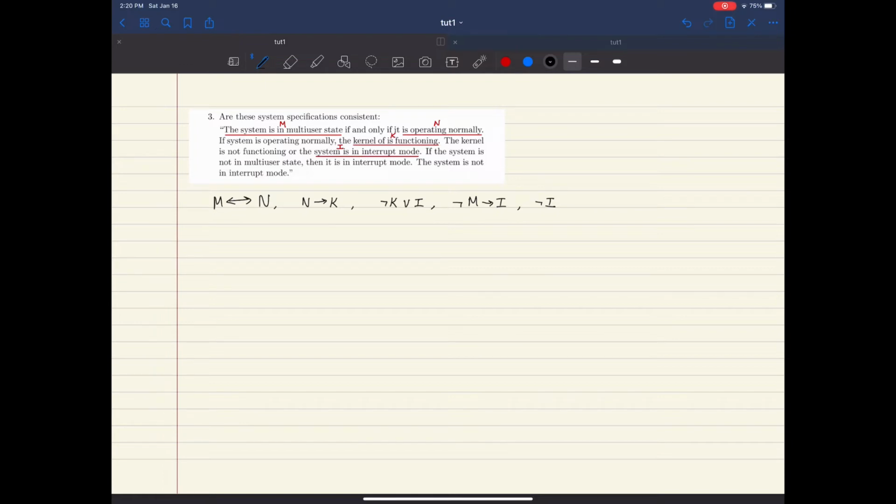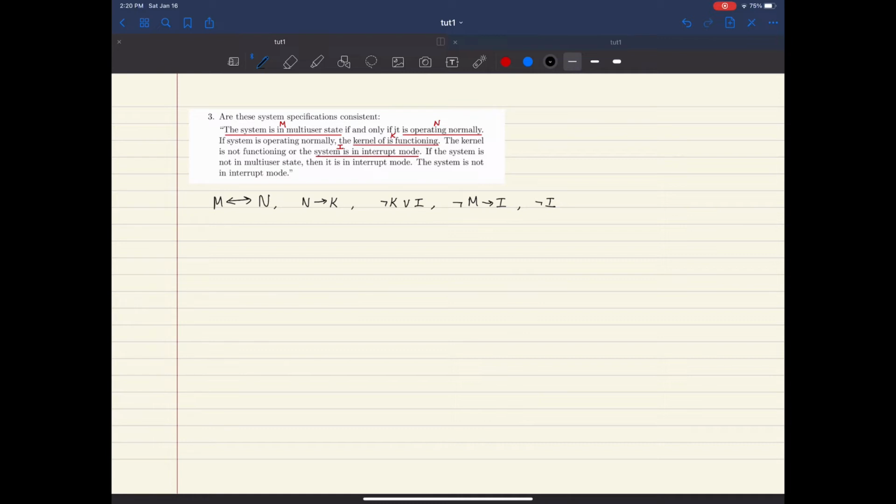So N implies K. Third line is the kernel is not functioning or the system is in interrupt mode. So not K or I. Fourth line is if the system is not in multi-user state, then it is in interrupt mode. So if not M, then I.